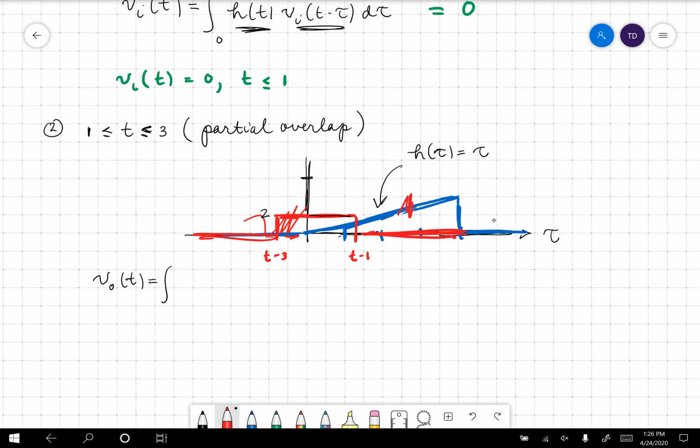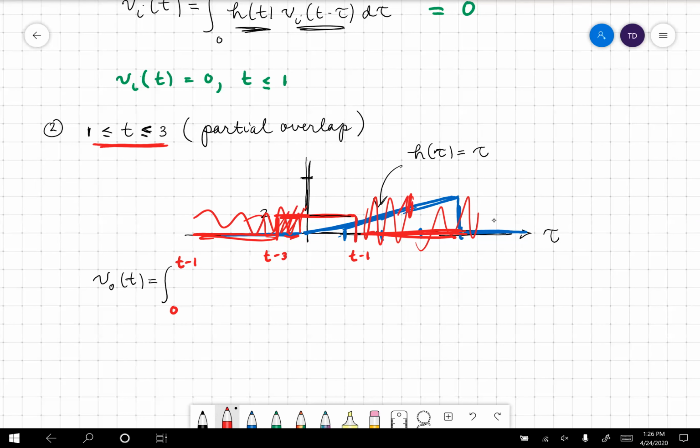It always stays the same. All we're doing is looking at different regions of t. So can you see how in this integral we're only going to get values from 0 to t minus 1? That's the only place that we have the overlap of the two functions, and when they multiply each other, we don't get 0.